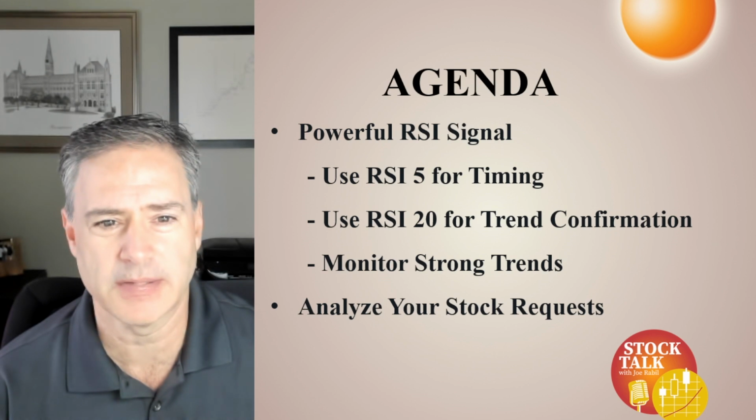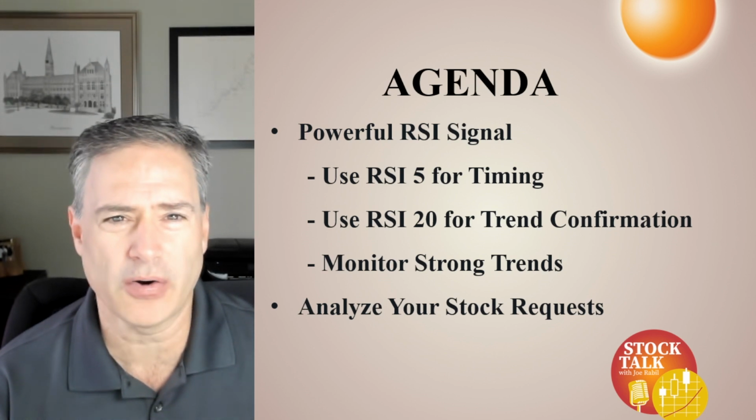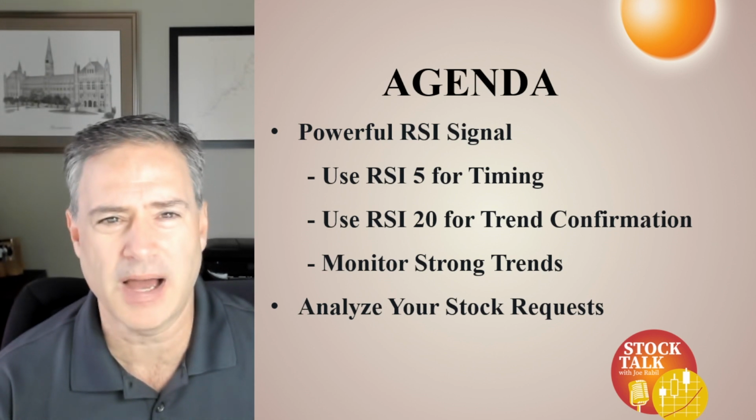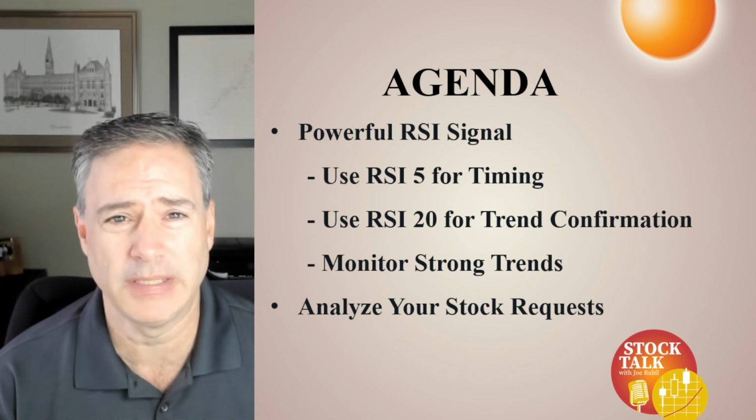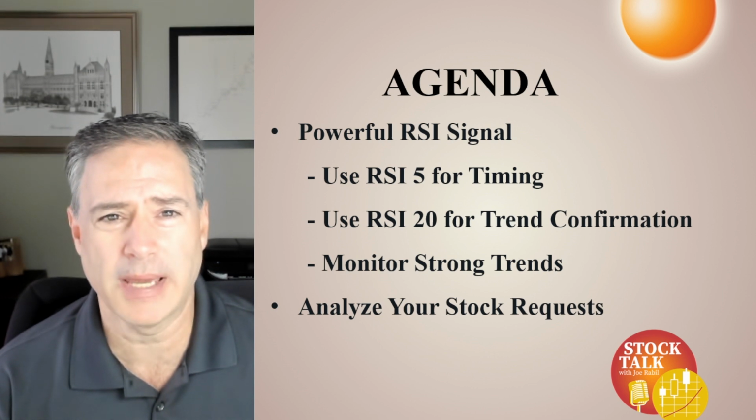So let's go ahead and get into this agenda. I use the RSI 5 to really help with the timing of this type of pattern. Really, I use RSI 5 for timing in general. Even when I'm looking at ADX and MACD, I like it as an additional tool for timing. Now, there are times where we can get an extreme reading.